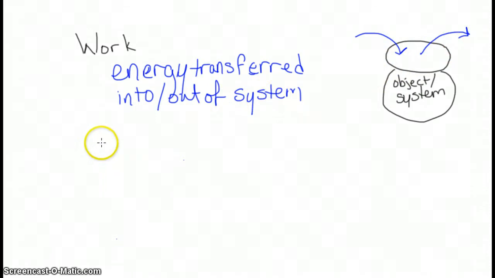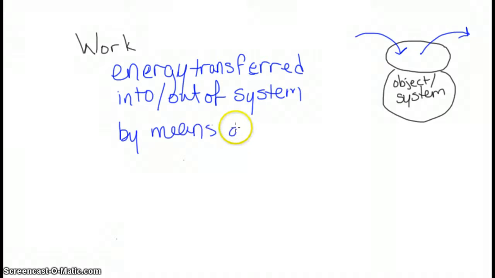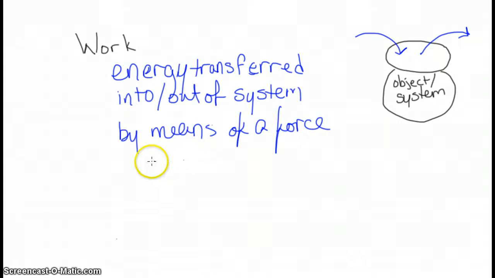So how does work transfer energy into and out of the system? What it does is it transfers this energy by means of a force. And this force is acting on the object.